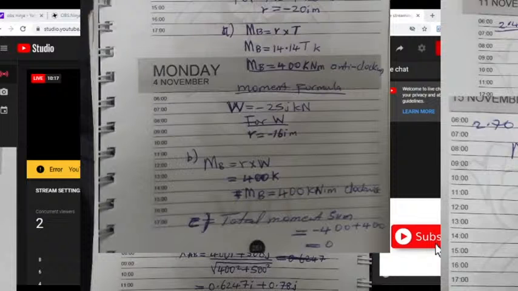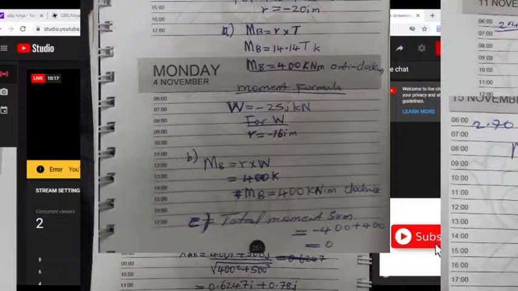So we are going to take the R for W. If you check, it's 16, but check the direction, it's negative. So we say MB equals R for W times W, referring to weight. Here I calculated everything. You just take negative 16 times 25, and you're going to get your 400.